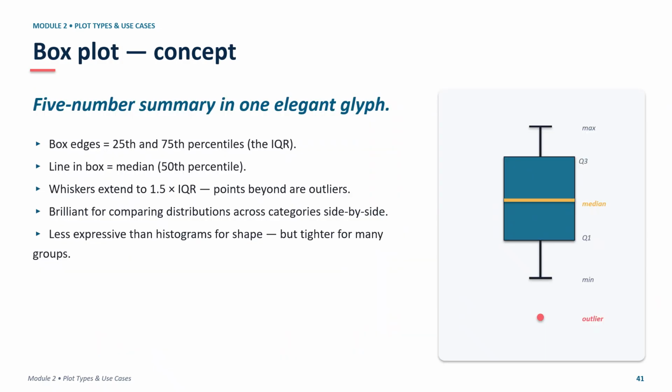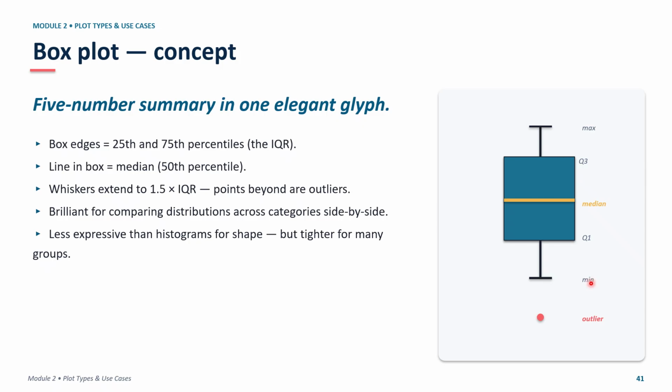Fine. Now let us see the box plot. The box plot is also called the box and whisker plot, which packs five statistical summaries into one compact visualization. This is a standard tool for comparing the distribution across multiple groups. The five numbers are minimum, Q1, median, Q3 and max.